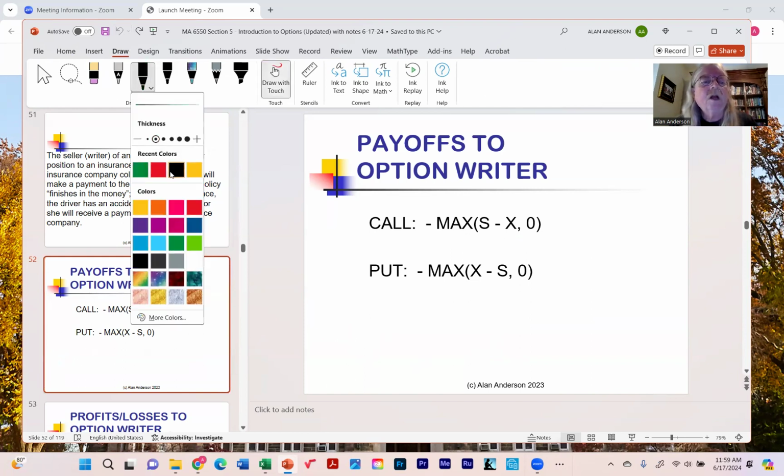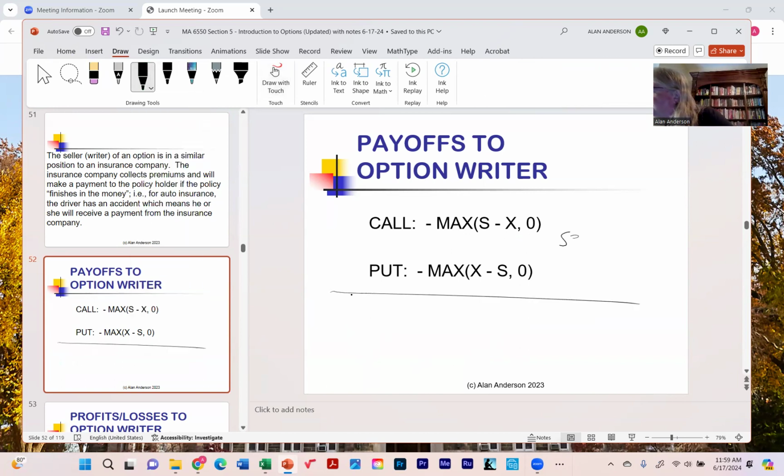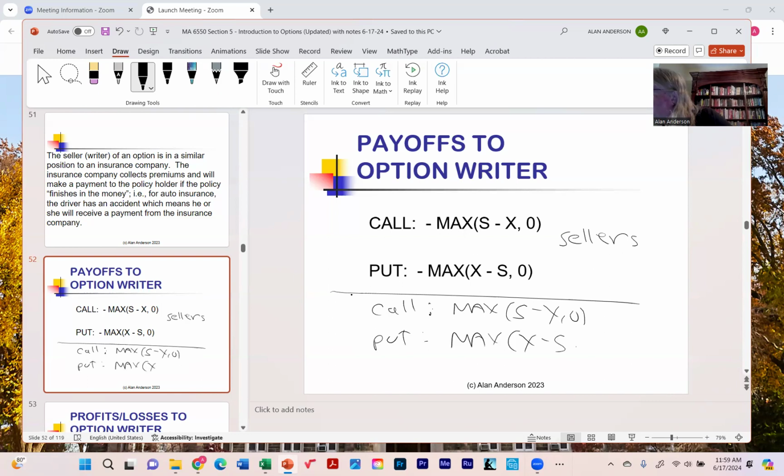So just as a quick reminder, these are the positions of the sellers or writers. When we're looking at the buyers, if you recall, the payout profiles look like this. Just so you can see them all together in one place.